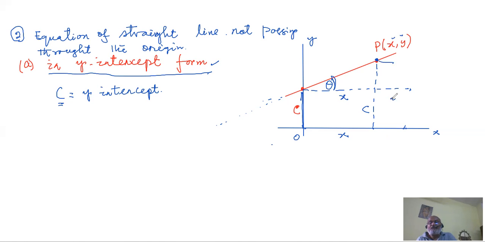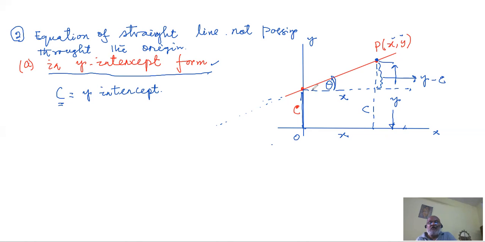This is y, the vertical distance. And from the x-axis, that is C. So this length must be our y minus C. As you can clearly see, simple geometry.